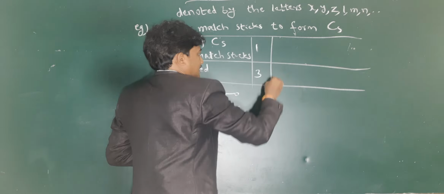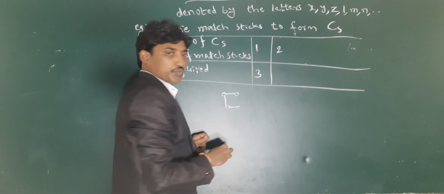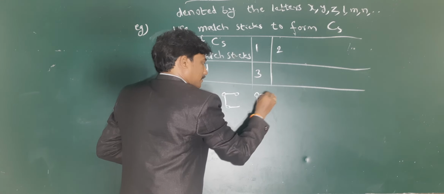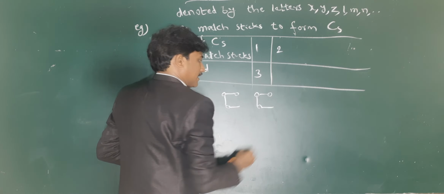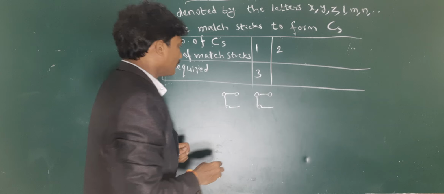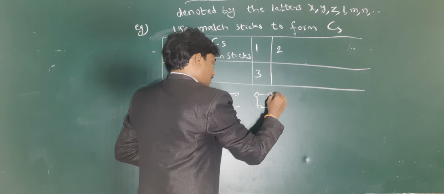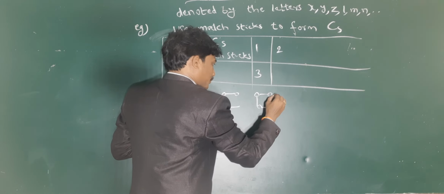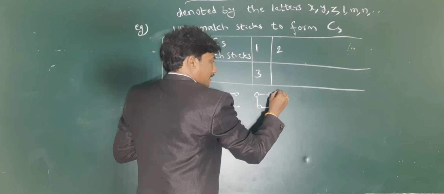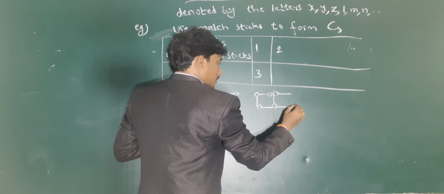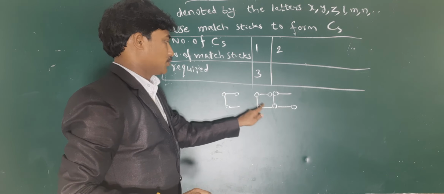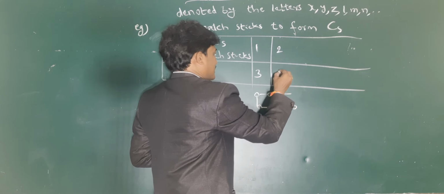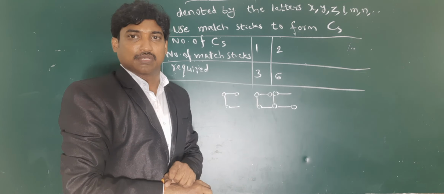For 2 C's, how many matchsticks do we need to use? 1, 2, 3. One more C, we need 3 more matchsticks. 1, 2, 3, 4, 5, 6. We need to use 6 matchsticks for 2 C's.